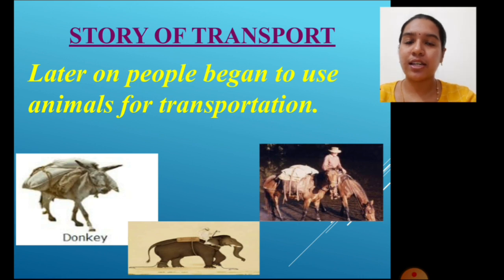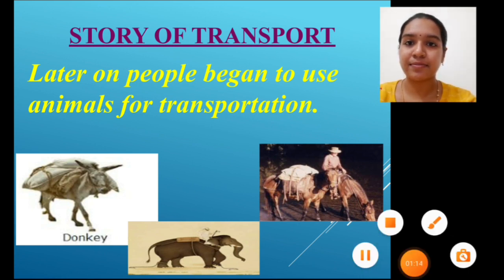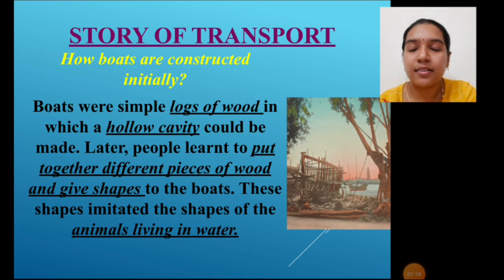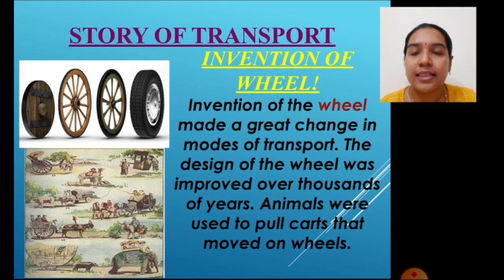Later, they used animals for transportation purposes. The first means of transport built by man was a boat to travel through waterways. The invention of the wheel was the first step to advancement in living and transportation.